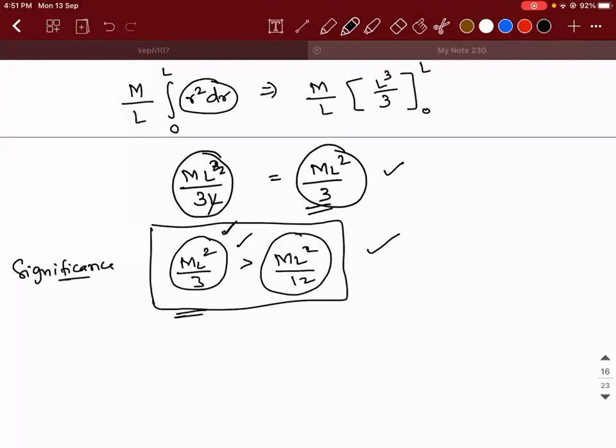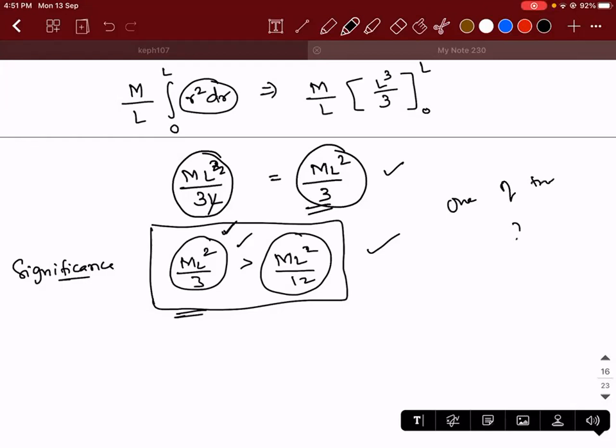Suppose we consider the axis of rotation as one of the... Your voice is breaking after that. Sir, can you hear me now? Yeah, but there is a lot of disturbance. I don't know, is it only for me, or are others also able to hear? His voice isn't clear, sir.